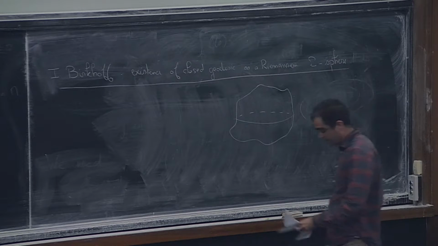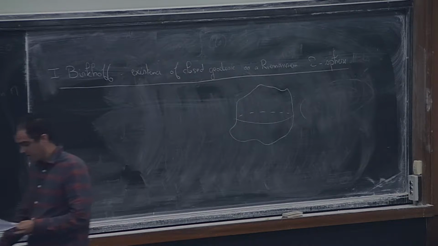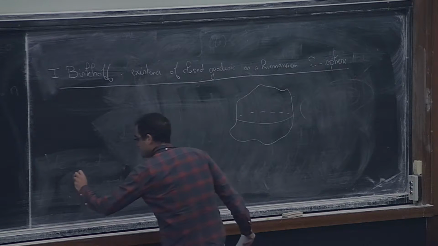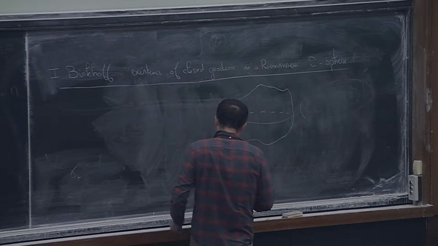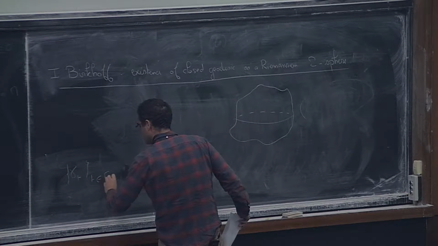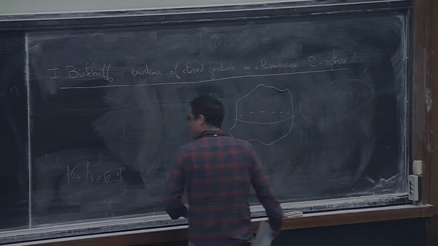So what is the idea of Birkhoff? The idea is the following. You look at gamma sub t, so a family, t between 0 and 1. What is this?